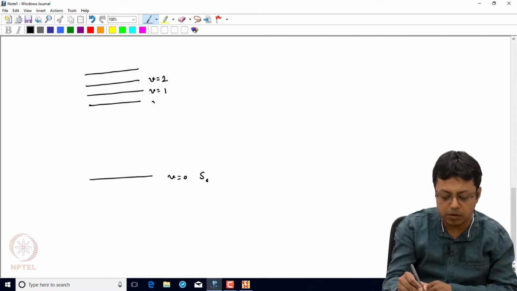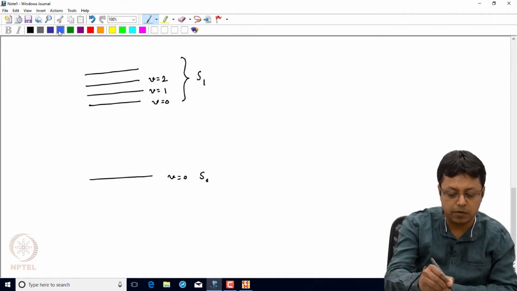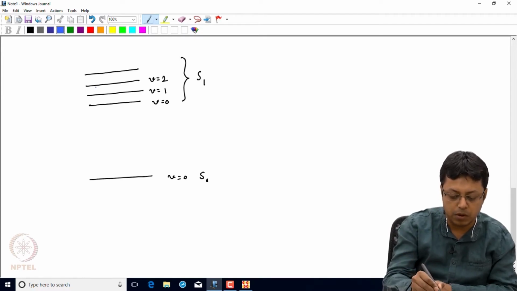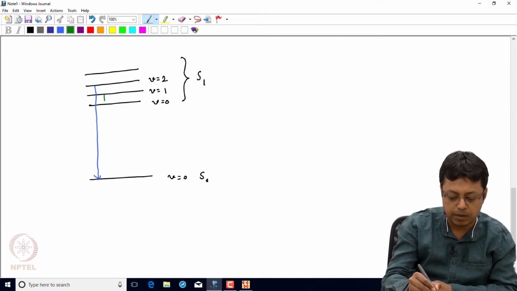So suppose I have all these energy levels, and all these levels correspond to the S1 state, and suppose we are having fluorescence originating from all these levels, say from V equal to 2, V equal to 1, as well as V equal to 0.